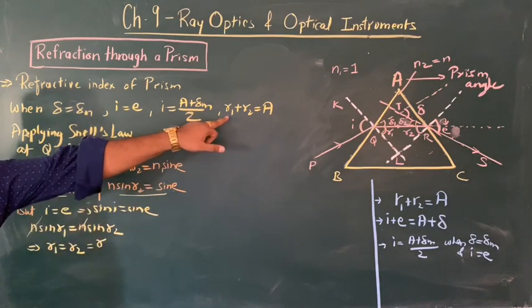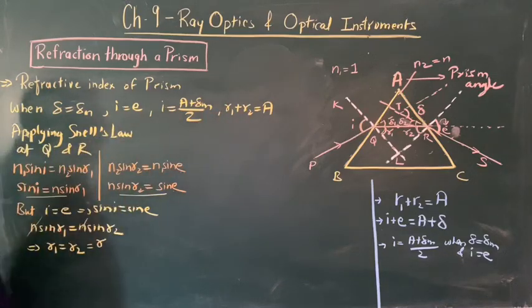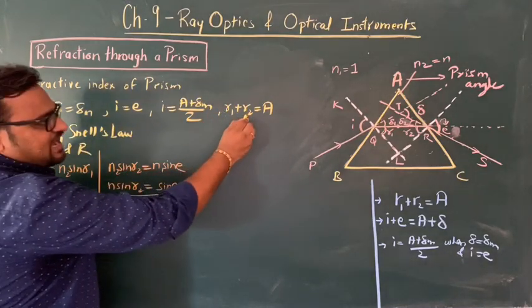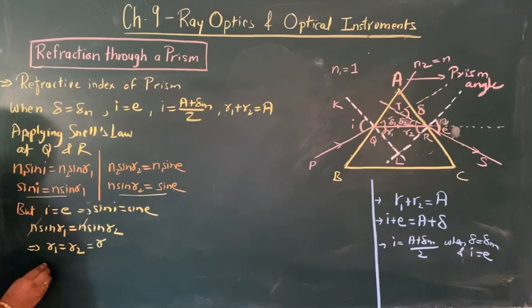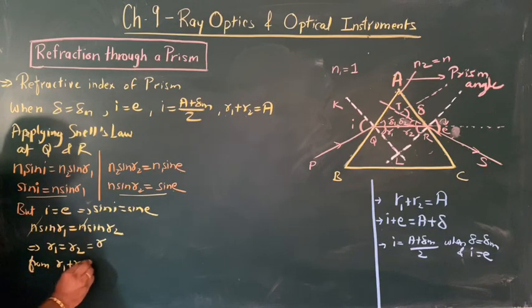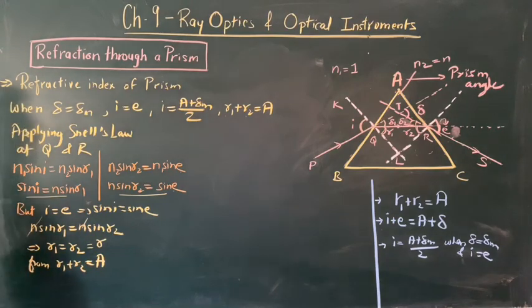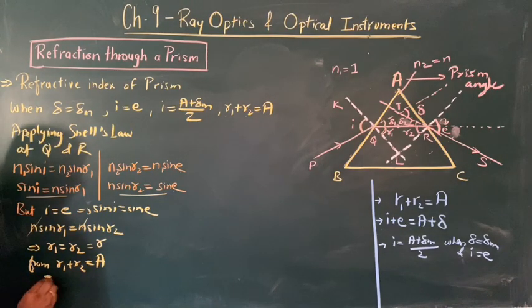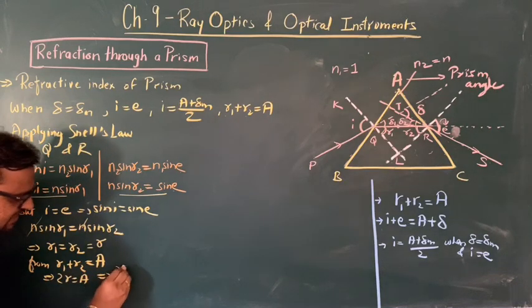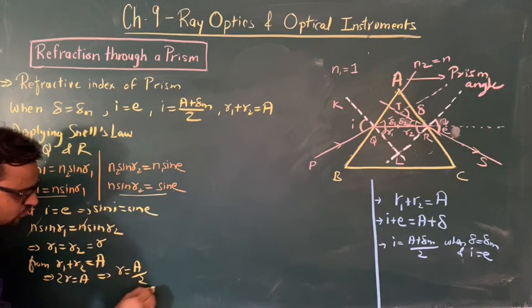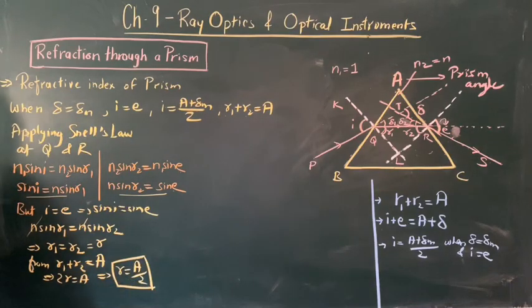Now if I put this here, R1 plus R2 equal to A, I get R plus R, that is 2R equal to A. That implies R is equal to A by 2.